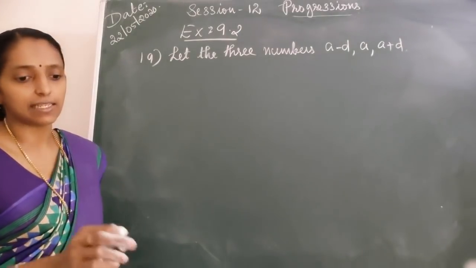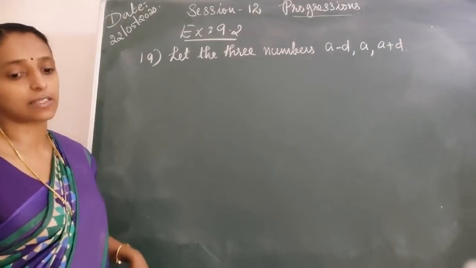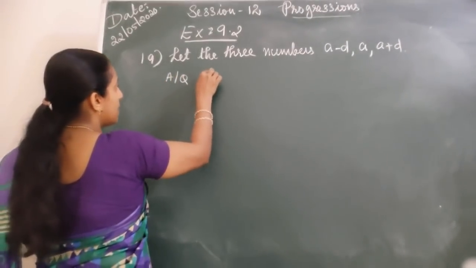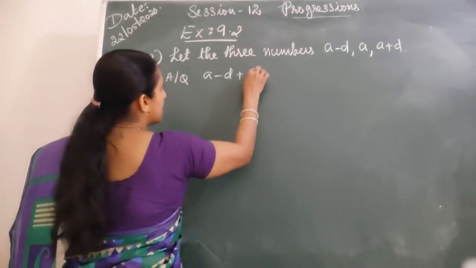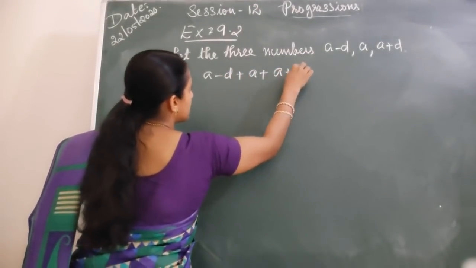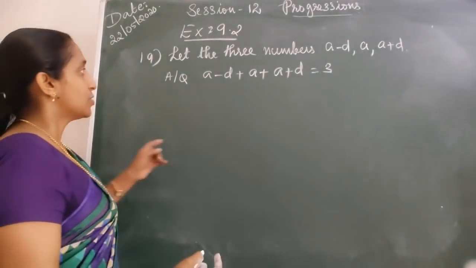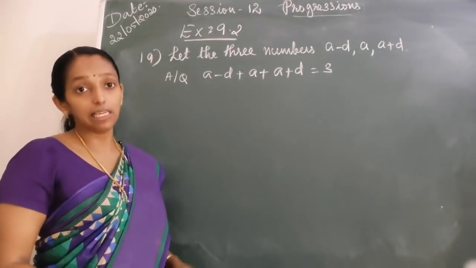And given that the sum of these three numbers is 3. So according to the question, a minus d plus a plus d equal to 3. Why are we taking it so? To cancel the terms easily.